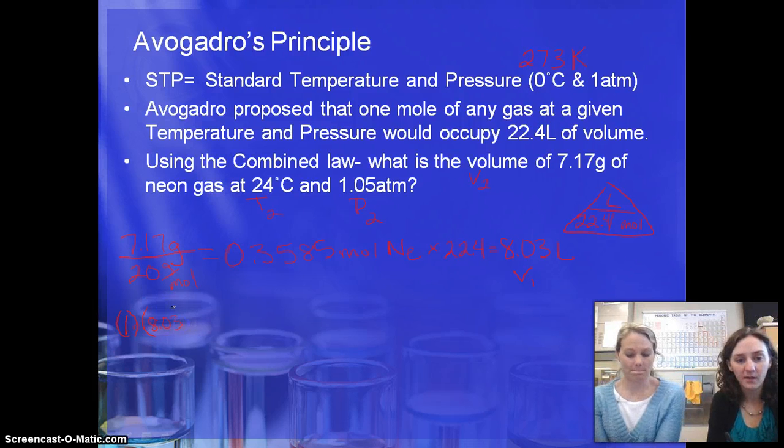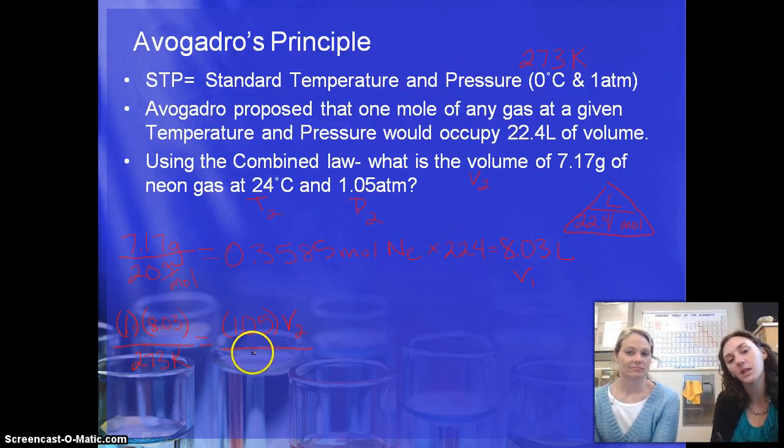On the bottom, you've got T1. Remember STP, so 273 Kelvin. That equals, our pressure is 1.05 for our P2. We're looking for V2. And our temperature was 24 plus 273, 297.